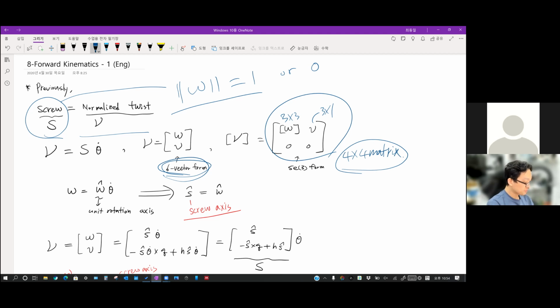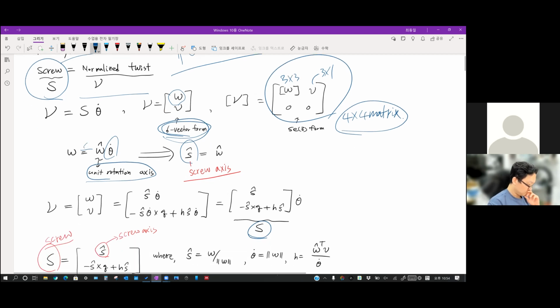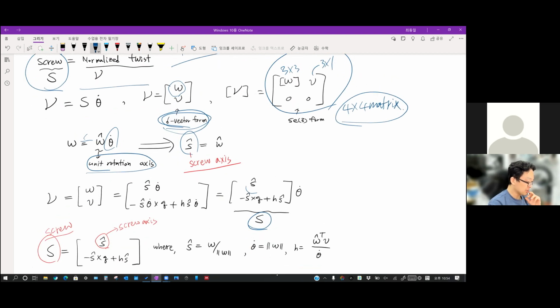And this omega can be decoupled into the unit rotation axis multiplied by theta dot. This omega hat is the same as the screw axis. When we learned about the screw, there was S hat, which is basically the screw axis.